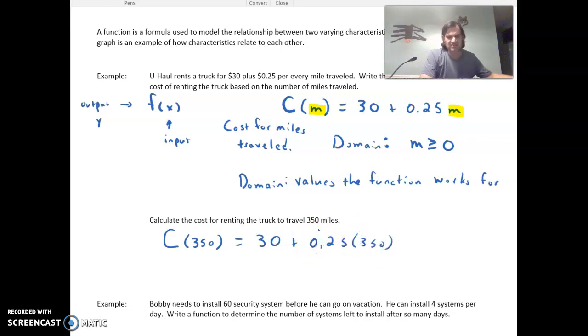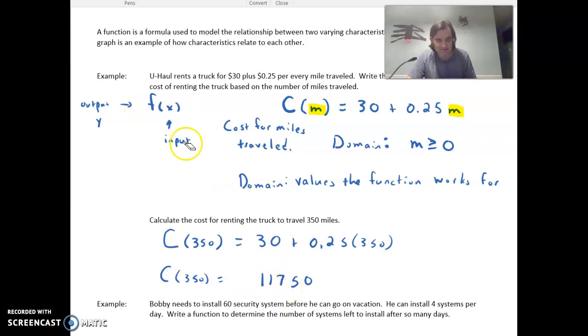So you pick up a calculator like I'm doing here, and the cost for 350 miles will be 25 cents times 350 plus $30, and in this case I get $117.50. That's supposed to be a decimal, not a comma.